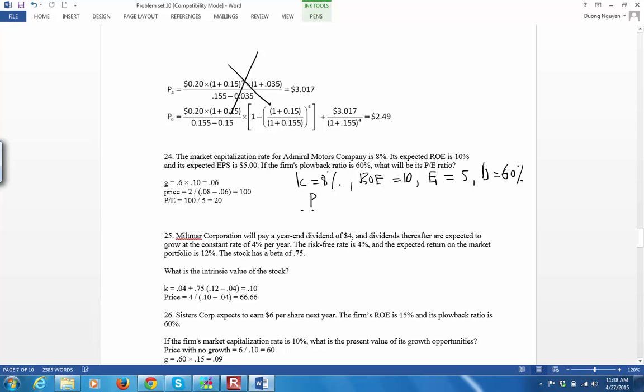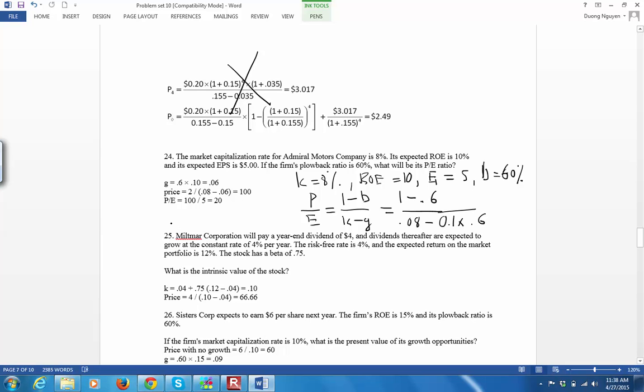The formula to calculate PE that we studied is 1 minus b over K minus g. So PE is 1 minus 0.6 over K, which is 0.08, minus g, which is ROE times b.